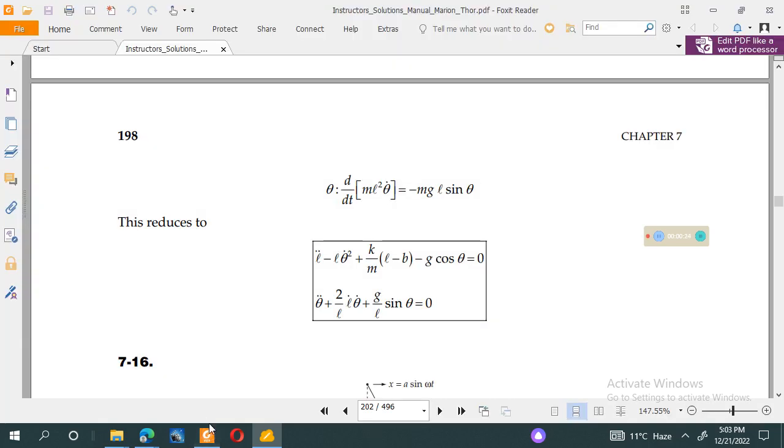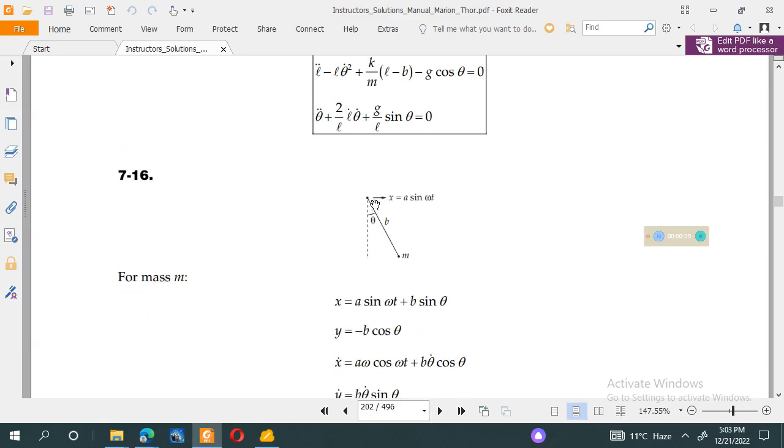In this case, our simple pendulum is driven by a horizontal motion x is equal to a sine omega t. So what will be the equation of motion? Our x coordinate will be modified. We will resolve this length into two components, one along the horizontal and one along the vertical.